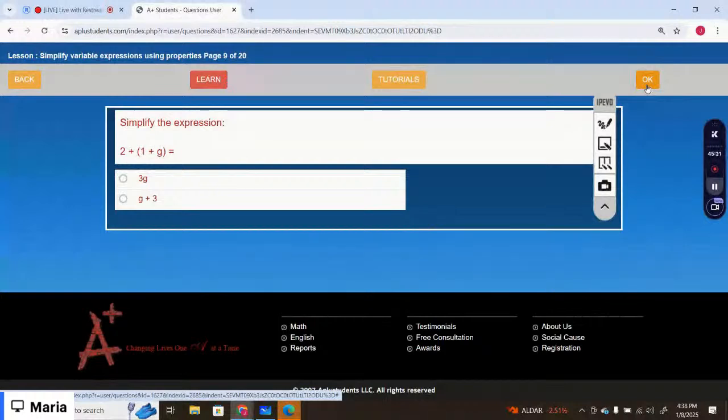2 plus 1 plus g, which is the correct option? That is g plus 3. Option number 2 is the correct option.